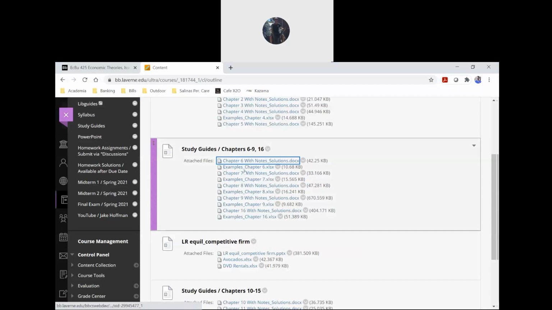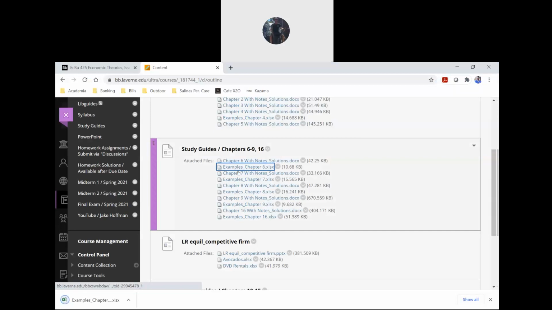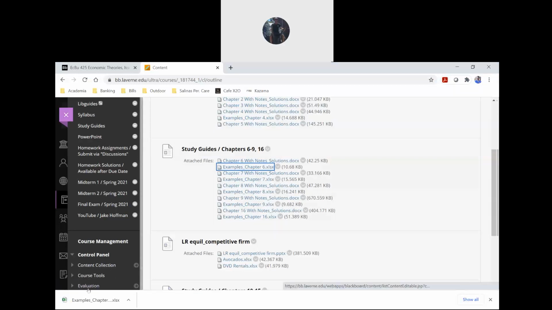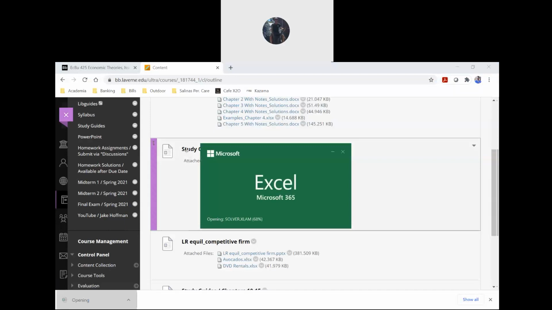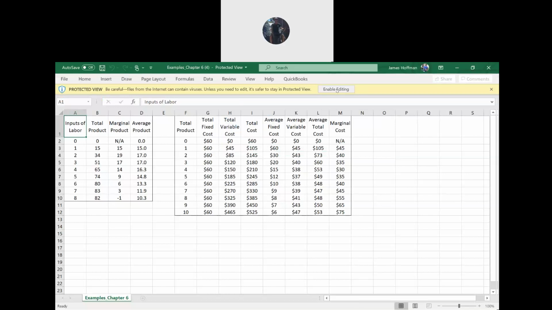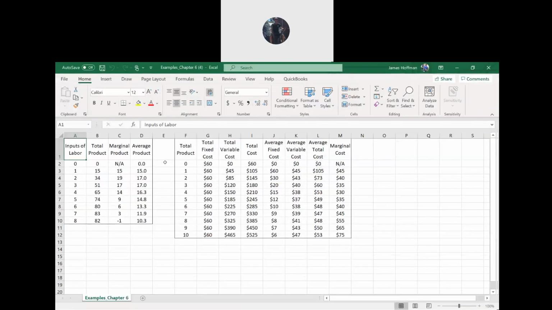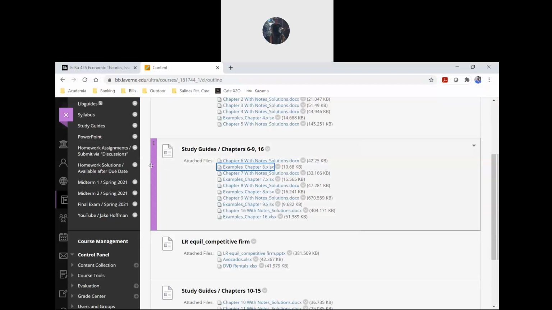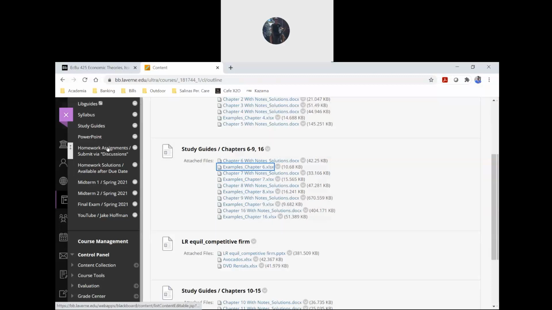Then you can open up the examples for chapter 6, and the PowerPoint as well for chapter 6.